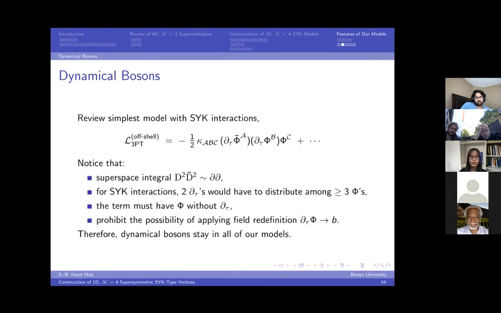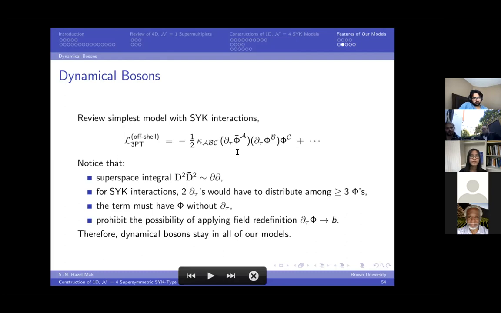The reason is simple, as follows. If you pull out the simplest model with SYK interactions, like the 3 points that we have, these are chiral superfields, and we find that the superspace integral is just d squared d bar squared, which contains 2 time derivatives.